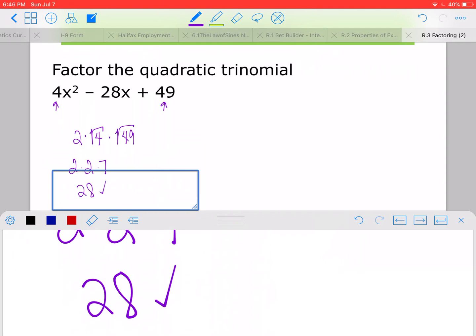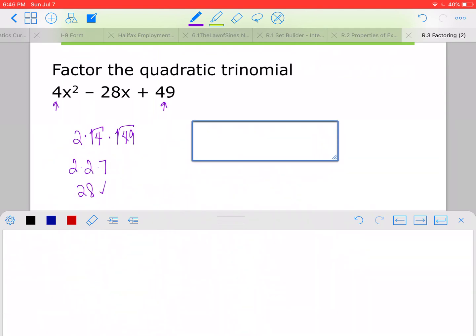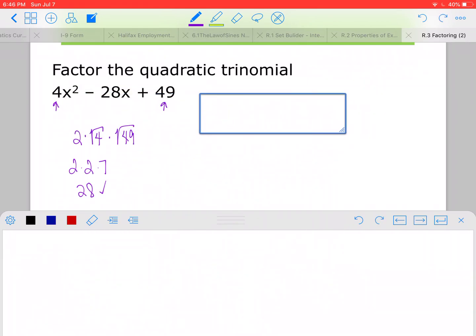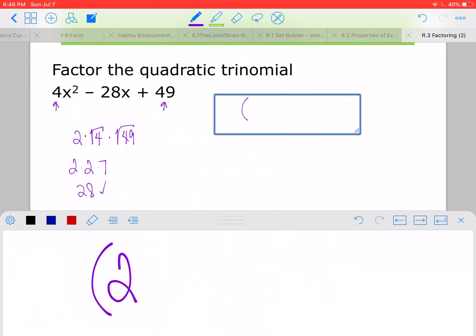That means, since this is a minus here, that we have the square root of 4x squared, which is 2x, minus the square root of 49, which is 7, quantity squared.